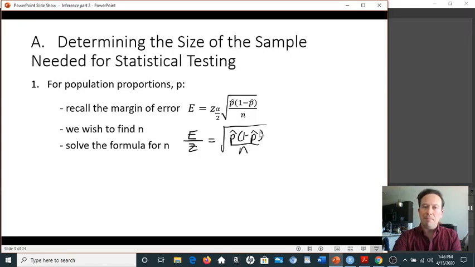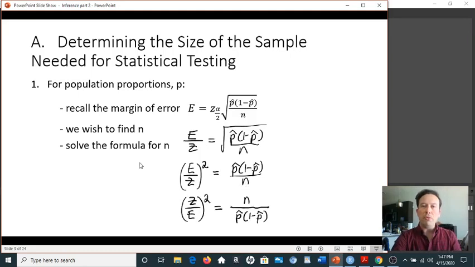Now what would the next step be? We're trying to get to n, so what we'd like to do is eliminate the square root. So I'd have to square both sides. Squaring both sides will cancel out the square root. Now n is upstairs, so what I would like to do is now flip both sides around. I'm going to take the reciprocal of both sides of the equation so it balances.